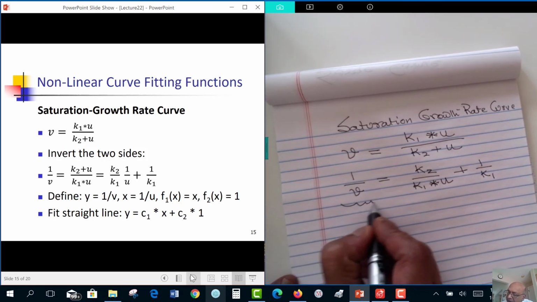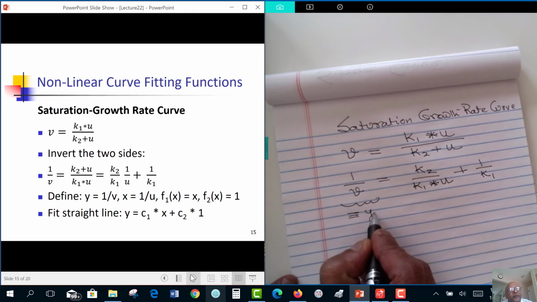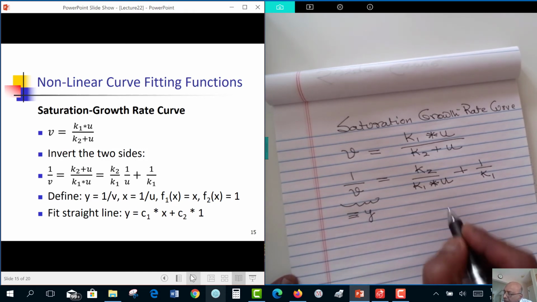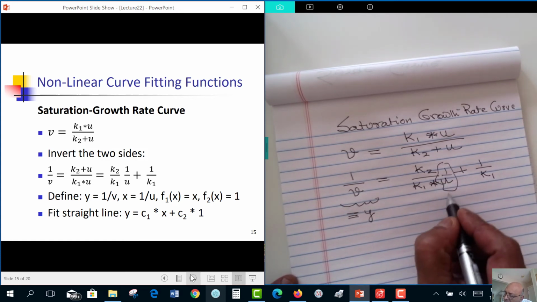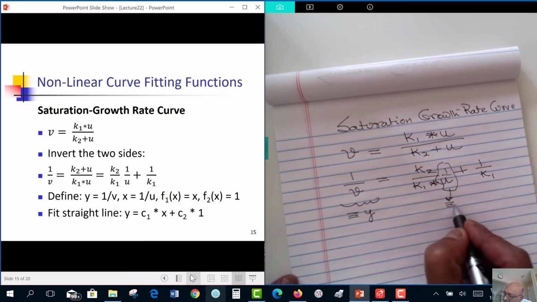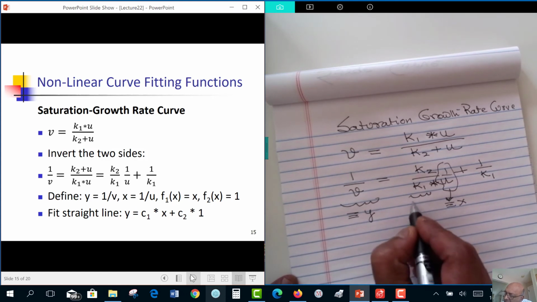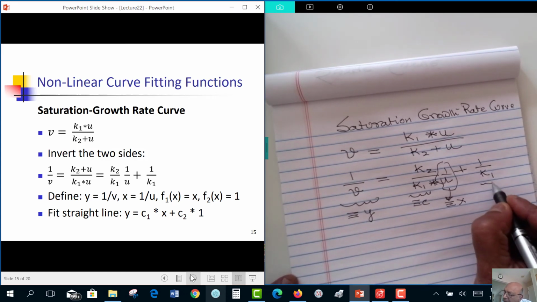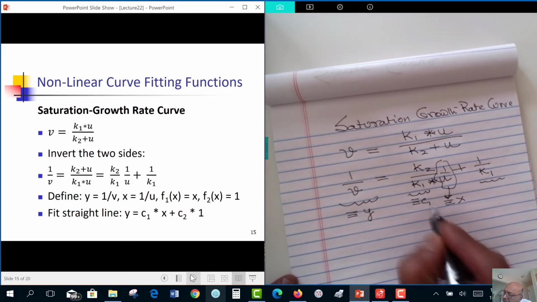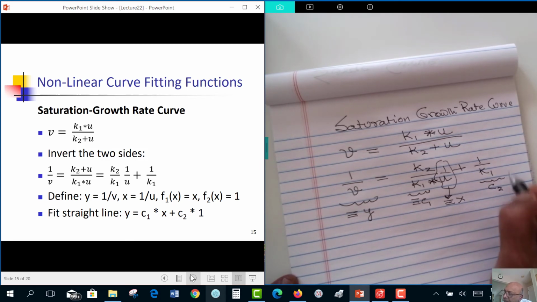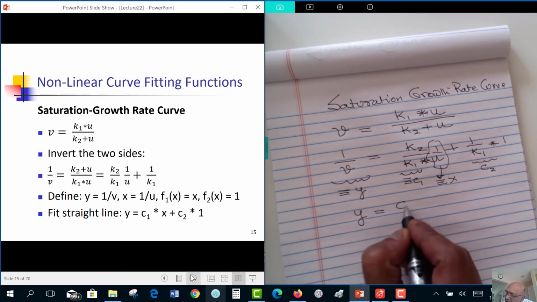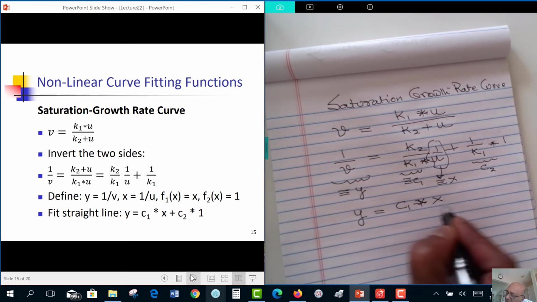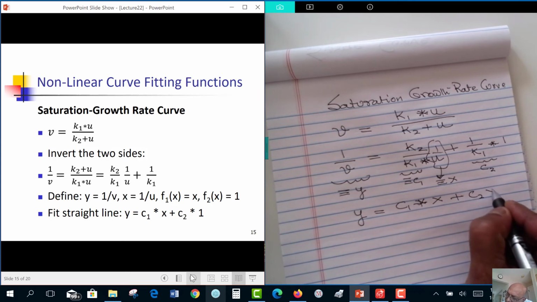We'll define this as our Y. We'll define 1 over U to be our X. So this will become C1 and this is our C2 times 1. So our equation is Y is C1 times X plus C2 times 1.